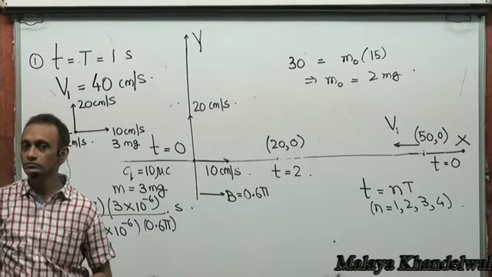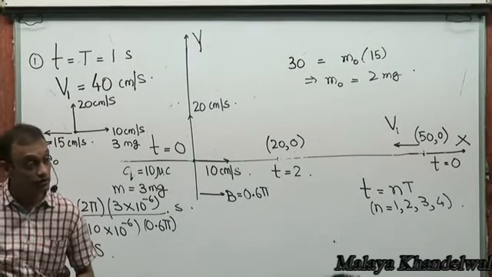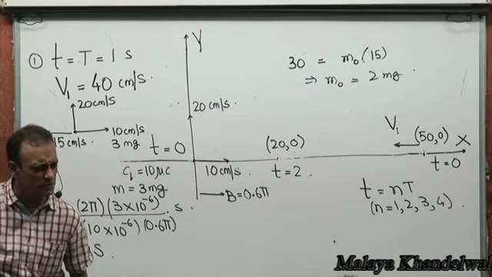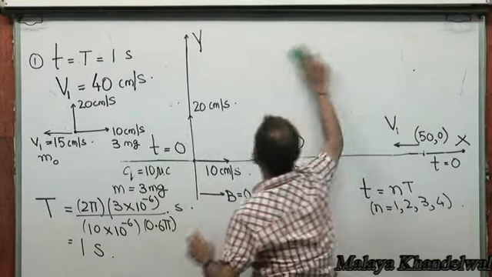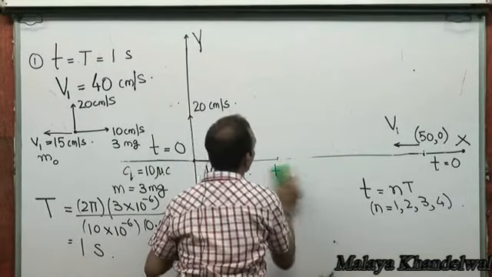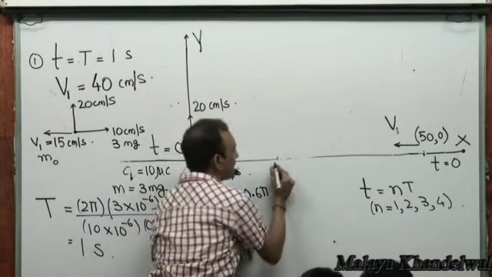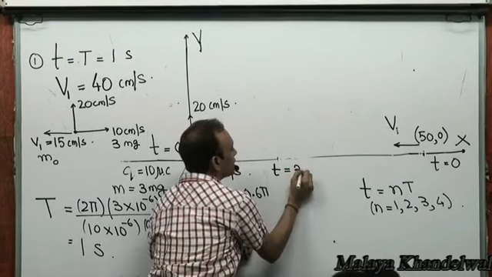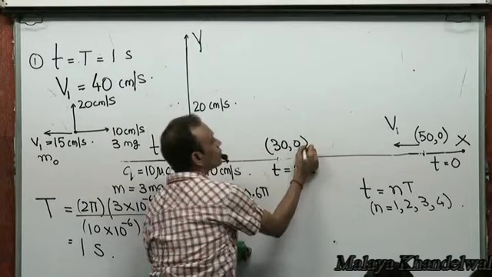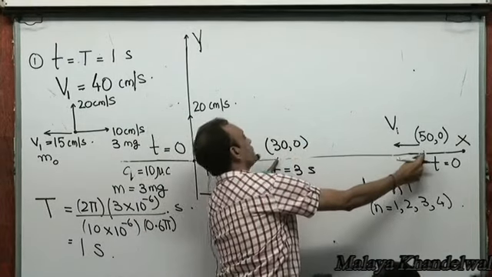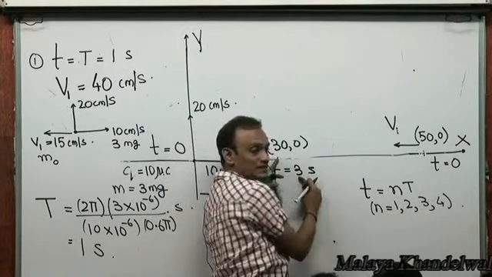Right. Now, a third possibility is also there. So is 2 milligrams also an option? Yes. Okay. Suppose the third possibility is if the collision occurred at t equal to 3 seconds, then this point would have been 30, 0. That means this mass would have traveled 20 centimeters in 3 seconds.